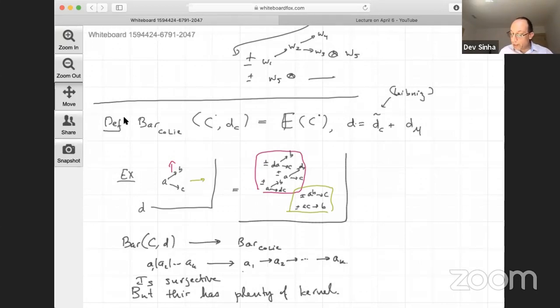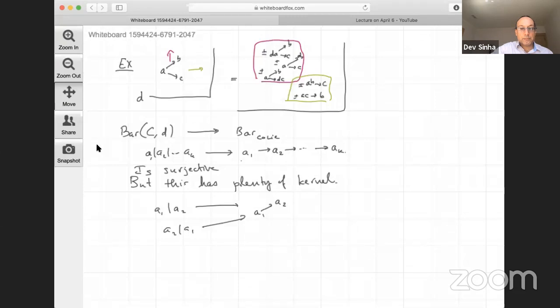In particular, because A1 bar A2 or A2 bar A1 both go to the same place. Let me move the board again.